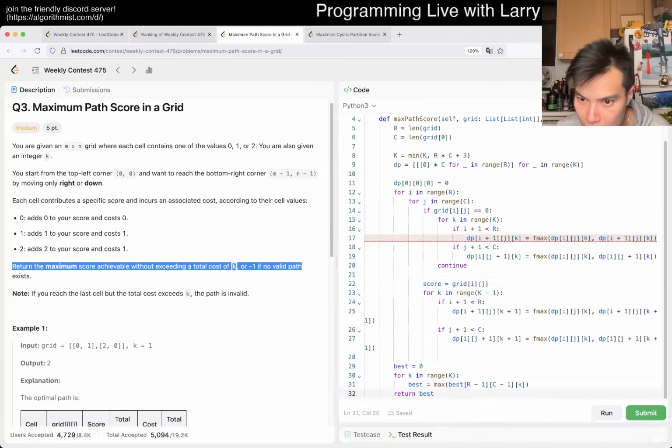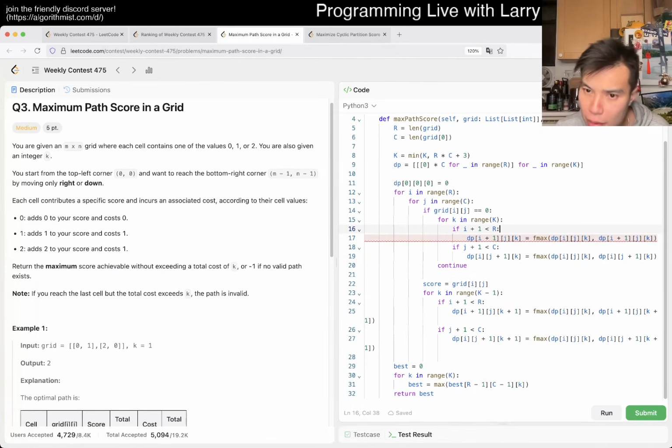But let's make sure that I plus 1 is less than R. Did I do this wrong? It's K R C. Okay, I did it in the wrong order. K is in there.